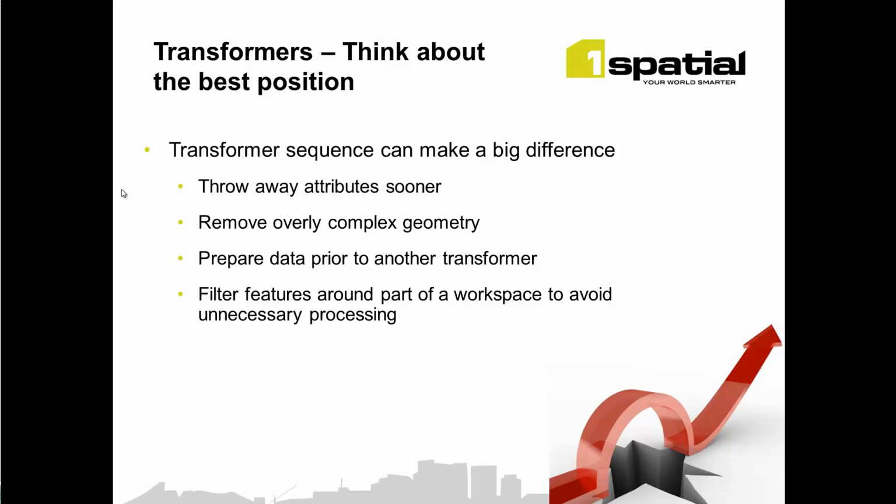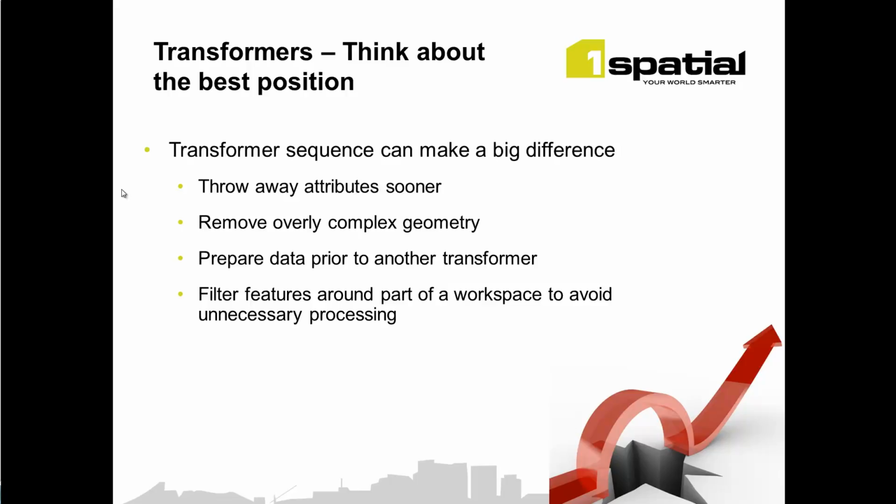Well, at that point, as soon as you finish with the geometry, once you've extracted its extents or whatever you needed to do, you could use the geometry remover to throw away geometry, or perhaps just generalize it so it's less complex if you don't need the level of detail. And that means that features with less volume and less detail are going to be much more efficient to process.